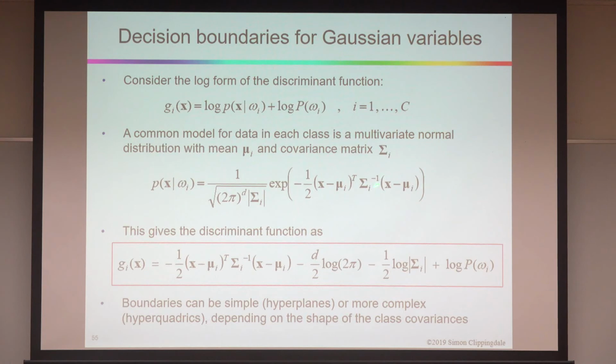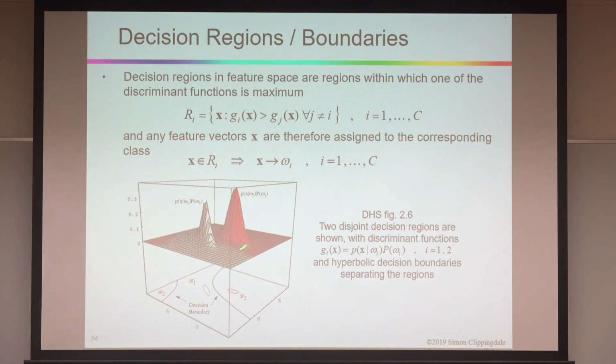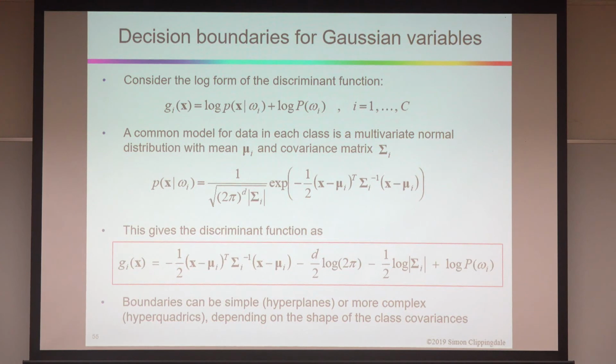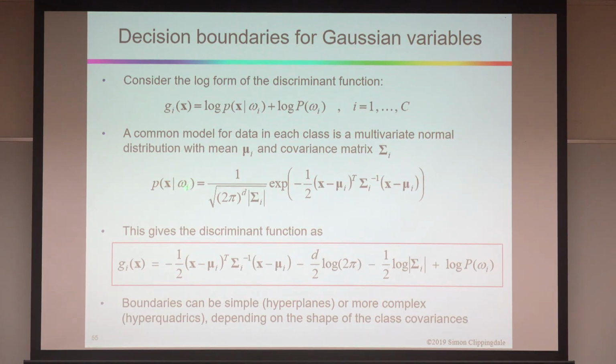Here's a Gaussian, or what looks like a Gaussian. This is a rather typical model. These probability distributions look very much like Gaussians, and quite often it's a good model for quite a lot of data in real-world situations. In that case, the probability of x, given that it came from the ith class, is going to be a Gaussian shape centered on the mean mu i of the ith class.